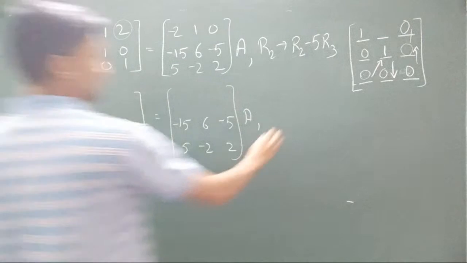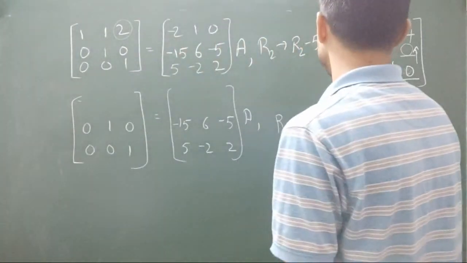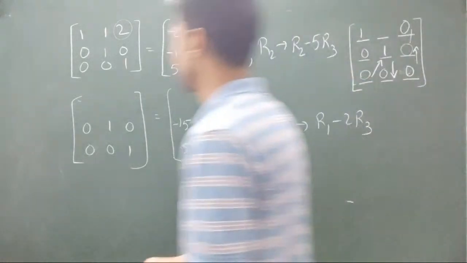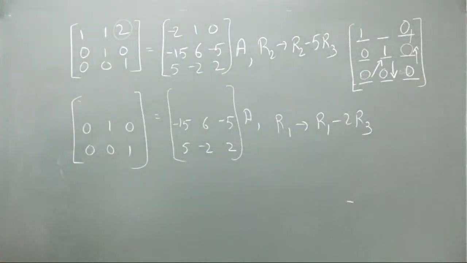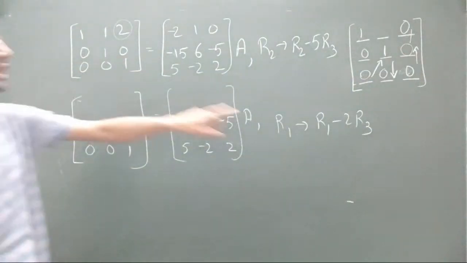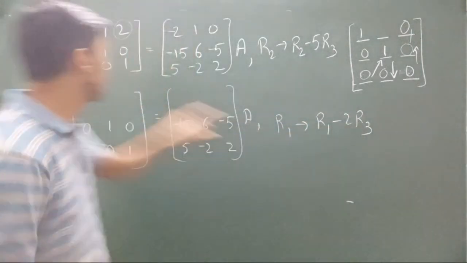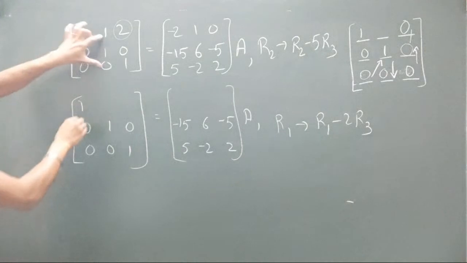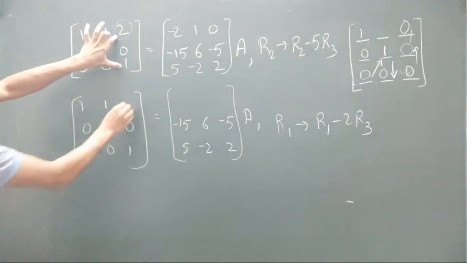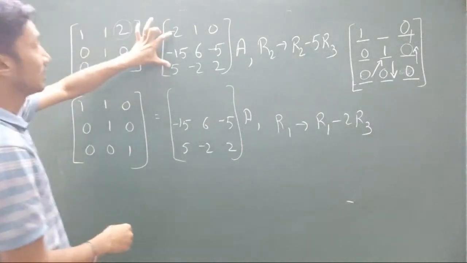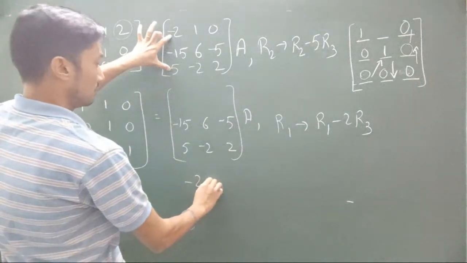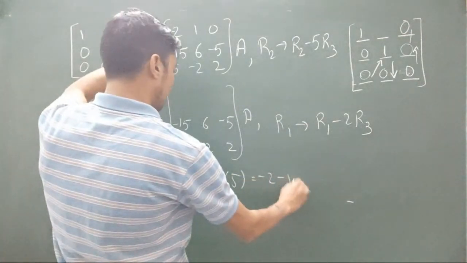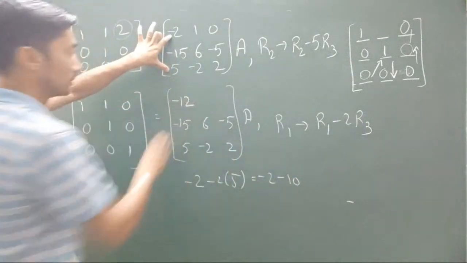So what can be done? R1, I will do that with R1 minus 2 times of R3, so that the other values are not changed. R1 minus 2 times of R3. 1 minus 0, that's 1. 1 minus 1, 0. 2 minus 2, 0. Minus 2 minus 5 2s are 10. So that's minus 12.